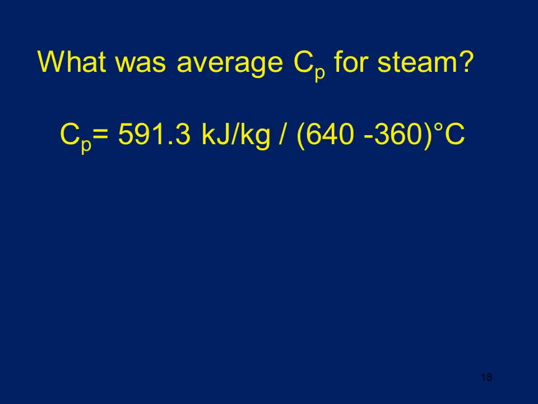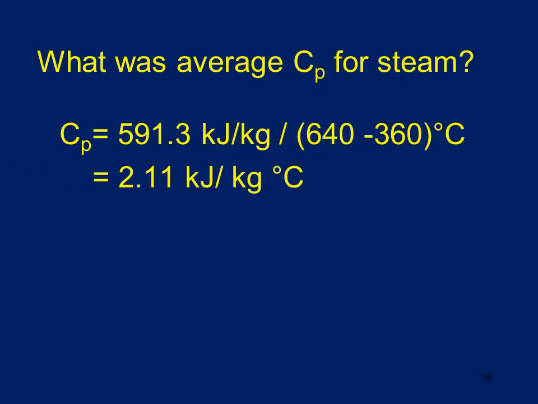And you see that CP is equal to delta H over delta T. Now this was at a changing pressure, and it's supposed to be at a constant pressure, but if we treated the steam as an ideal gas over this interval, and if you look in your tables you see it's a gas at both states, and the pressures are fairly low here, then delta H over delta T will be equal to CP whether the pressure changes or not. Remember, for an ideal gas, dH equals CP dT.